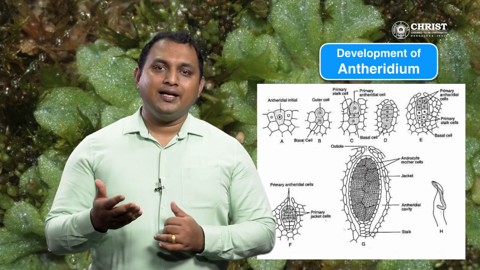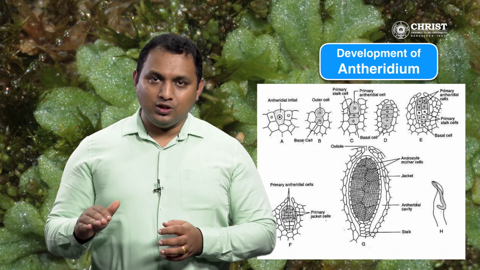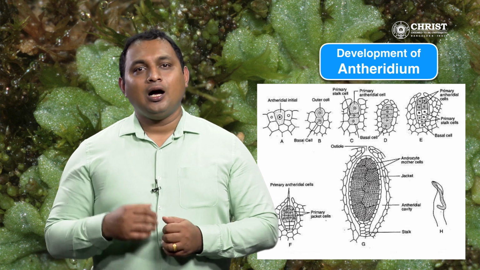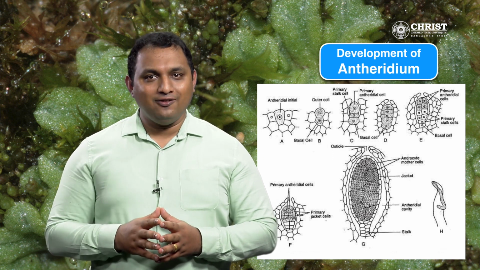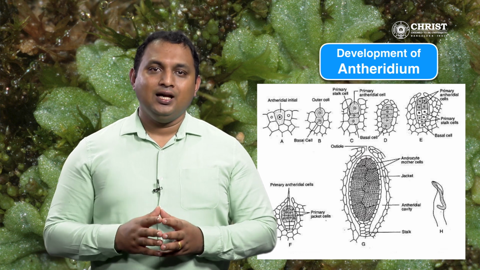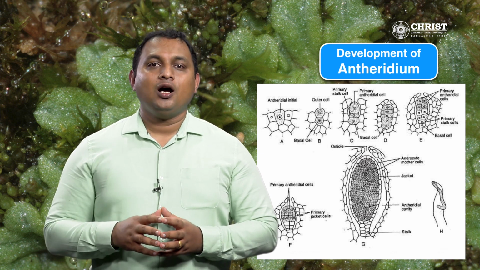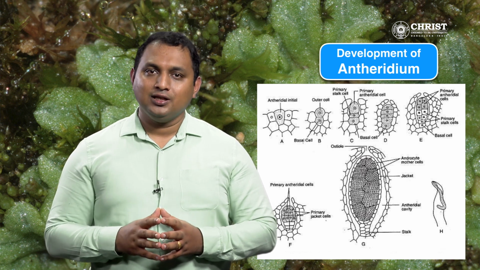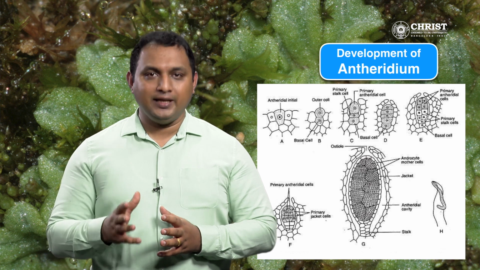The outer cell divides by transverse division to form a filament of 4 cells. Upper 2 cells of the 4-cell filament are known as primary antheridial cells and the lower 2 cells are known as primary stalk cells. The primary stalk cells form the stalk of the antheridium.